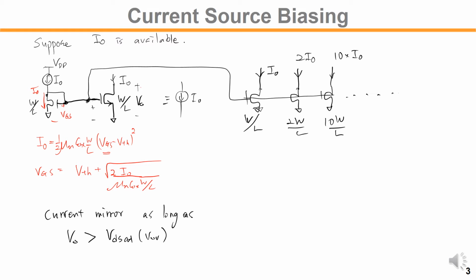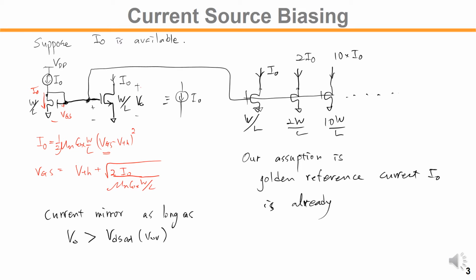Now the question is the golden reference. Our assumption here is that the golden reference current I0 is already available.